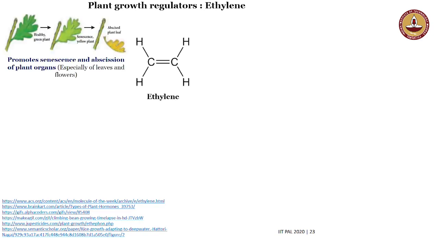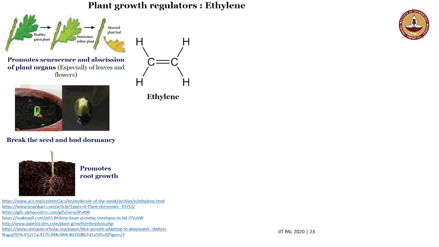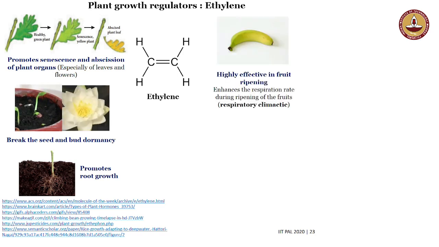One of the other plant growth regulators is ethylene. Ethylene is used by plants to promote senescence and abscission of plant organs, especially of the leaves and the flowers. It breaks seed and bud dormancy. It also promotes root growth. Ethylene is also highly effective in fruit ripening, as it enhances the respiration rate during ripening of the fruits.